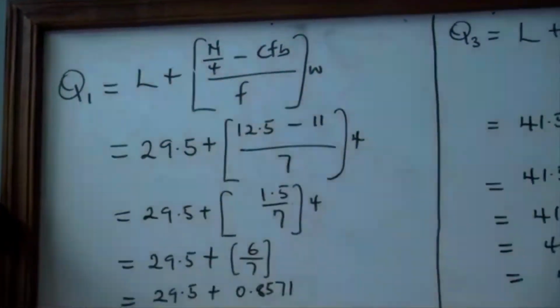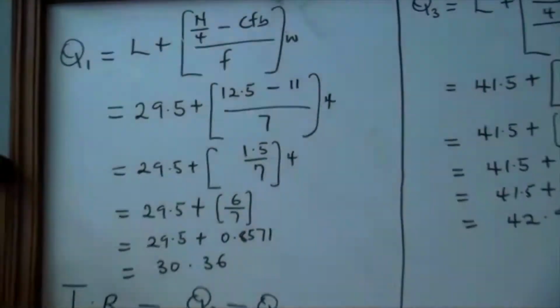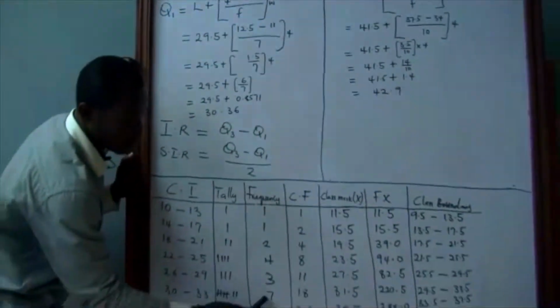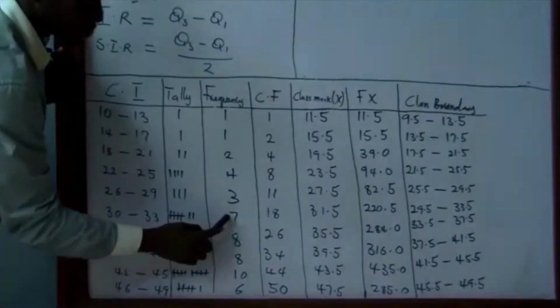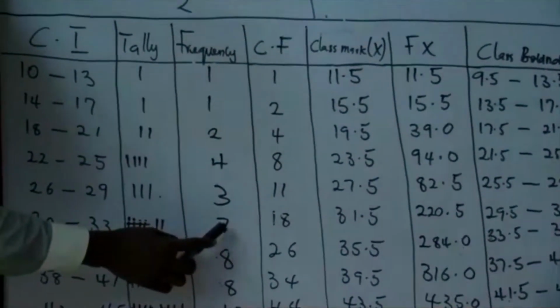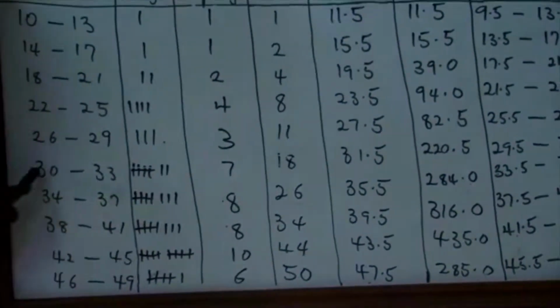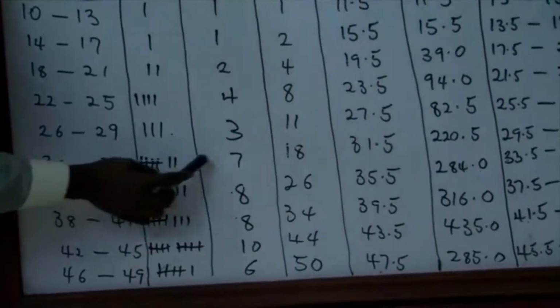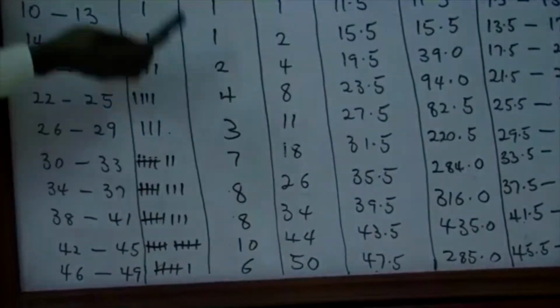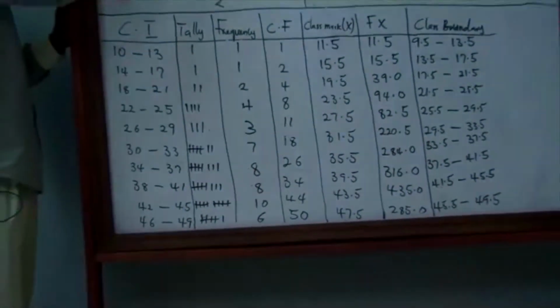What is the frequency? You move on to this part. This is my class. Trace it down to the frequency. So what is the frequency of that class? The frequency is 7. That's how I got 7.